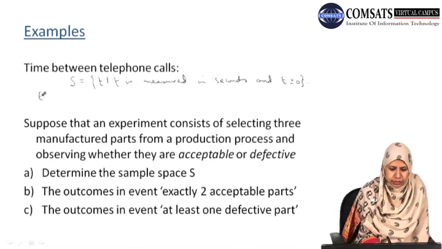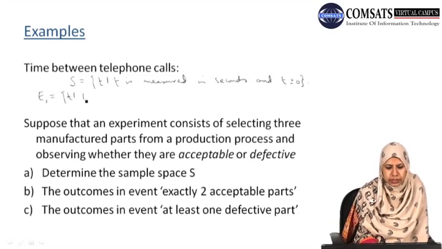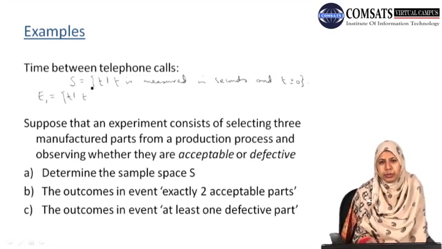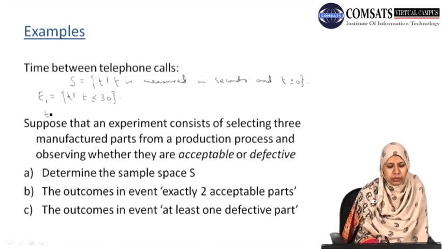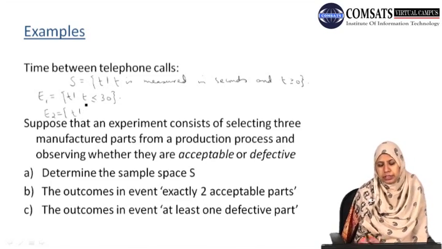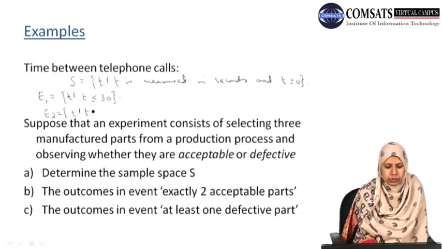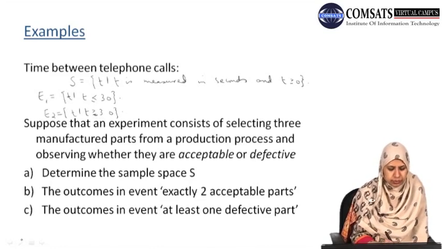If we define our event E1 as the collection of all those times such that the difference between two telephone calls is less than or equal to 30 seconds, we may define another event as the collection of all those points in which the difference between the two telephone calls is greater than 30 seconds.